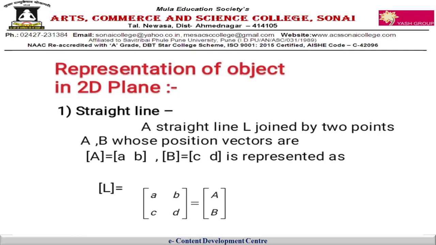A straight line, say L, joined by two points A and B, whose position vectors are A = [a b] and B = [c d], is represented as L equal to the 2 by 2 matrix with rows [a b] and [c d]. That is, we write the coordinate vectors of A and B row-wise.